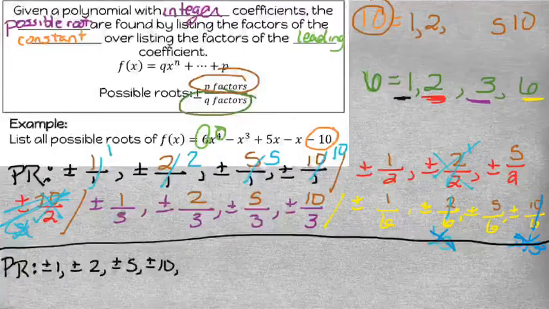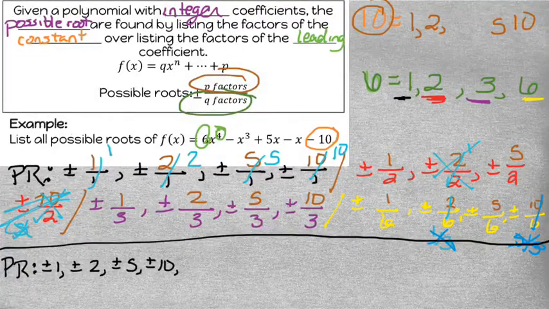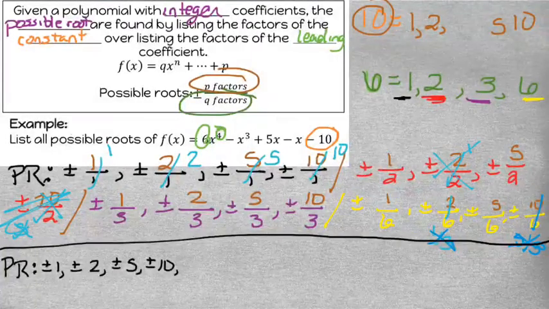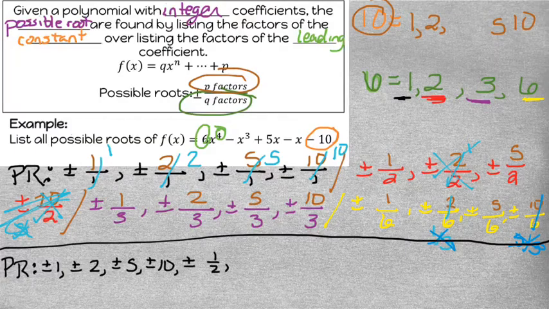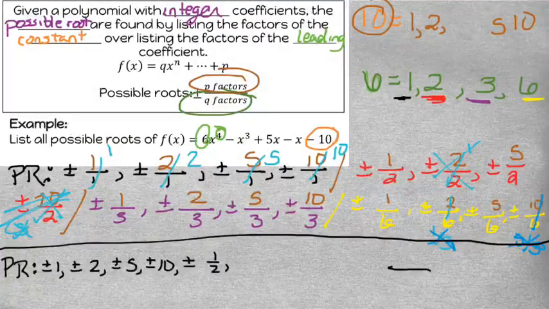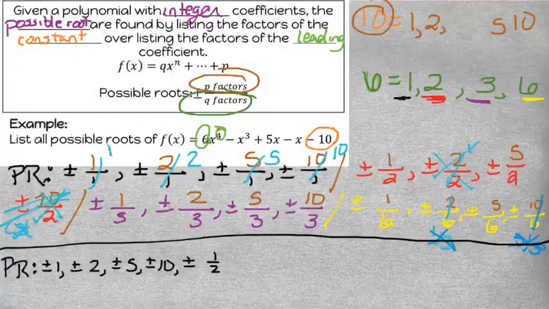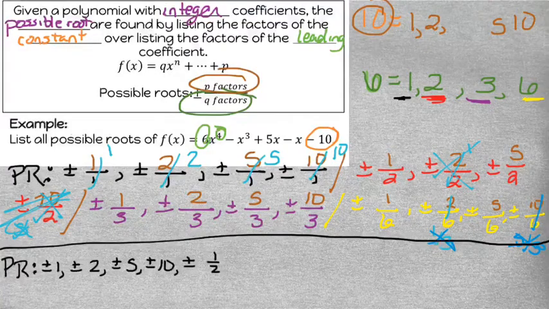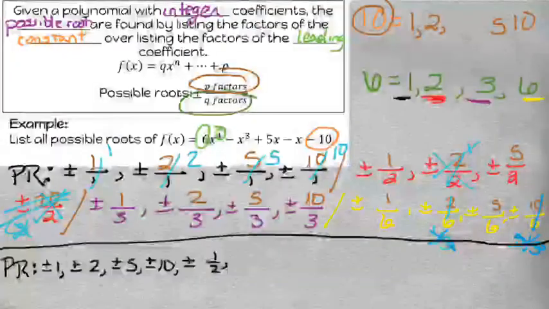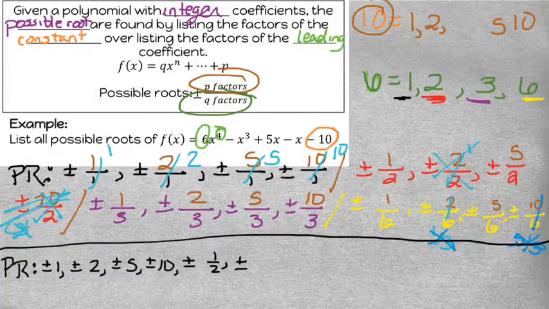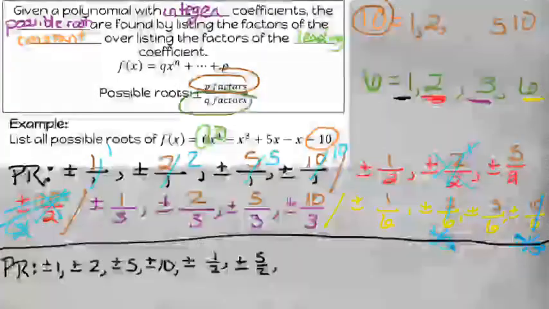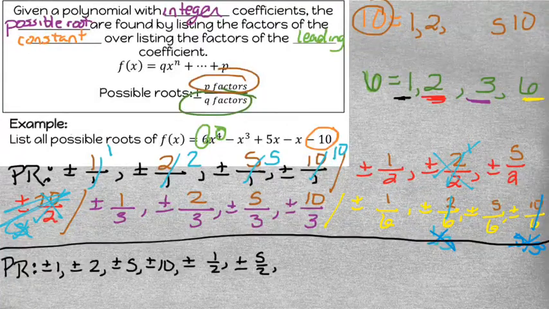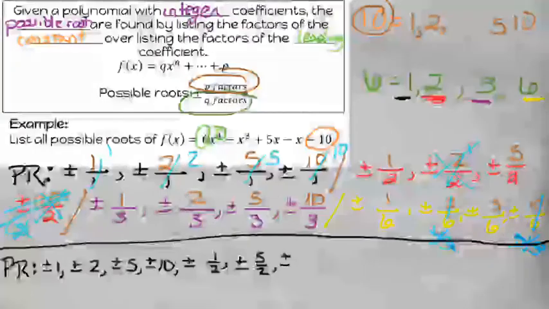Now we have our fractions where we had 2 as a denominator. And when we had those, we end up with just a 1/2. And the 2 over 2 is reduced to 1, so we don't need to write that again. And the 5/2. And then the 10 over 2 was 5, so we don't have to write that again. And so we now have the divided by 3s.